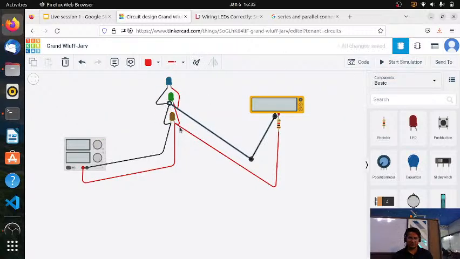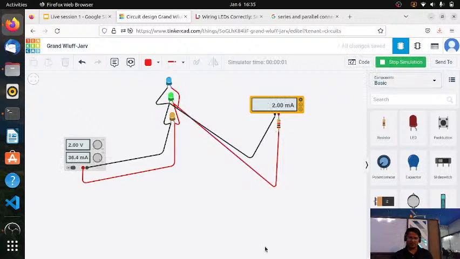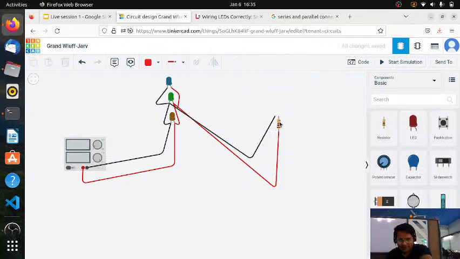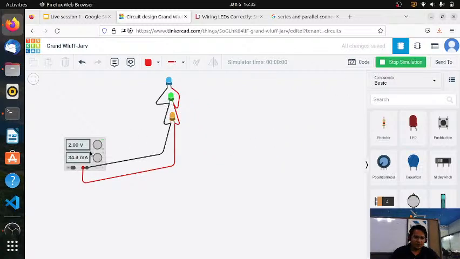Let's connect here, and this is also, let's connect here. Second LED, 2 milliampere. So everyone is actually getting 2 milliampere. So the main difference is, in parallel connection we just need to apply 2 volt to glow all LEDs.